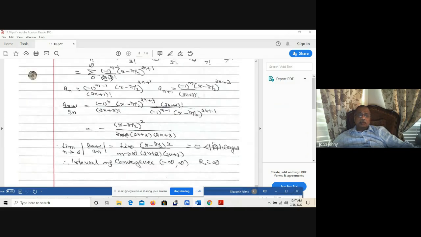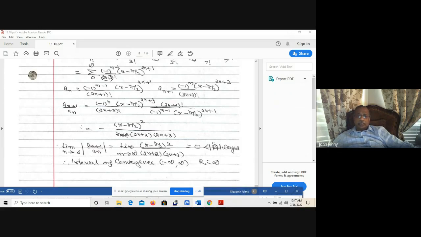Therefore, the (n plus 1)th term over the nth term is negative 1 to the n times (x minus pi over 2) to the 2n plus 3 divided by (2n plus 3) factorial, multiplied by (2n plus 1) factorial divided by negative 1 to the n minus 1 times (x minus pi over 2) to the 2n plus 1.